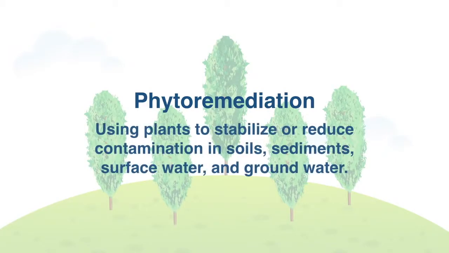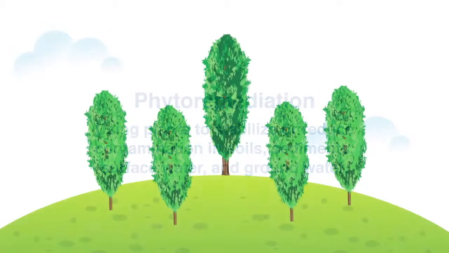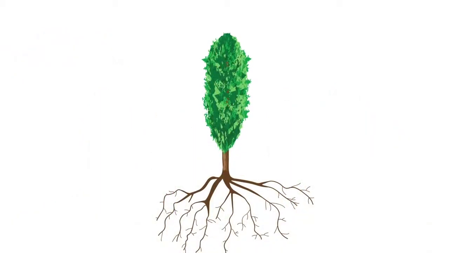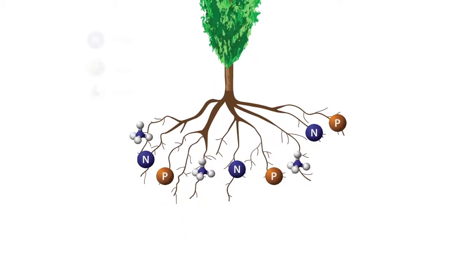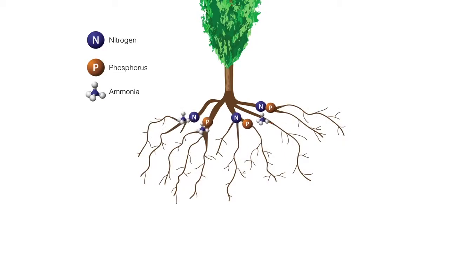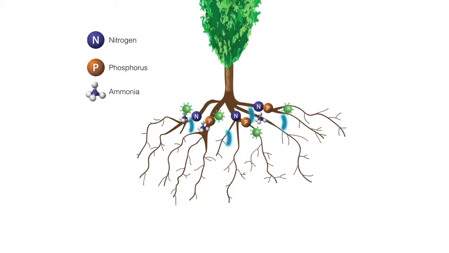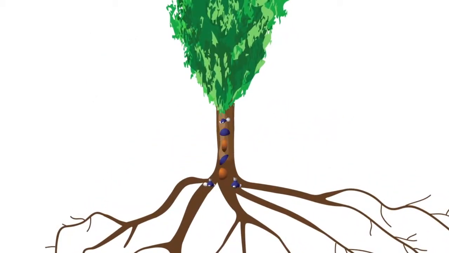Phytoremediation is the practice of using plants to stabilize or reduce contamination in soils, sediments, surface water, and groundwater. Poplars remediate by absorbing and concentrating nutrients, including nitrogen, phosphorus, and ammonia, at their roots, enhancing soil microbial activity, and breaking down contaminants within the plant tissue.